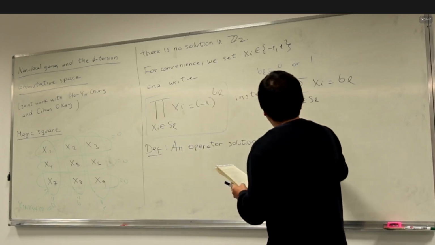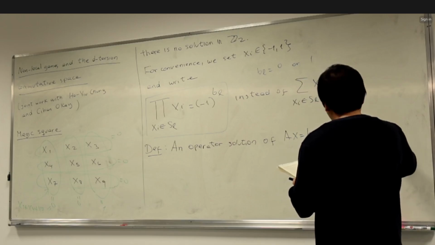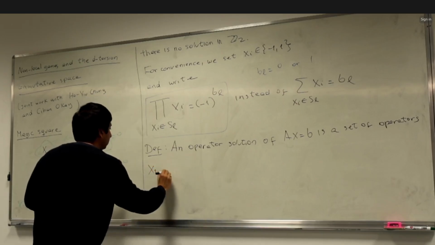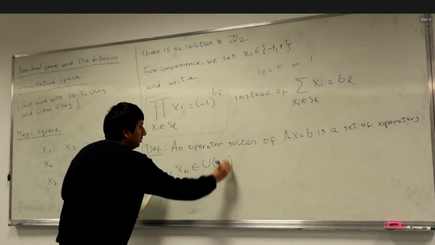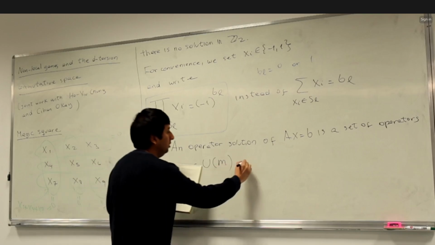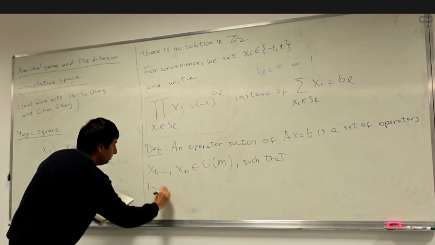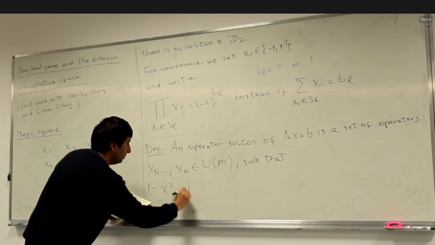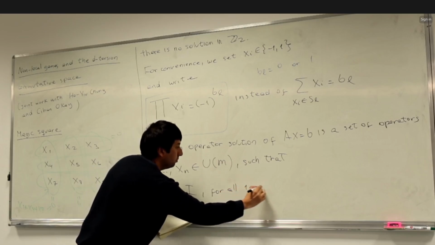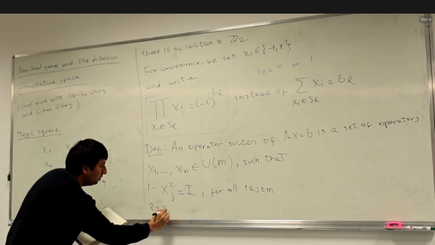An operator solution of this linear system, a matrix and a vector, is a set of operators x1, ..., xn in the unitary matrices of order m times m, such that we impose these conditions for all i.